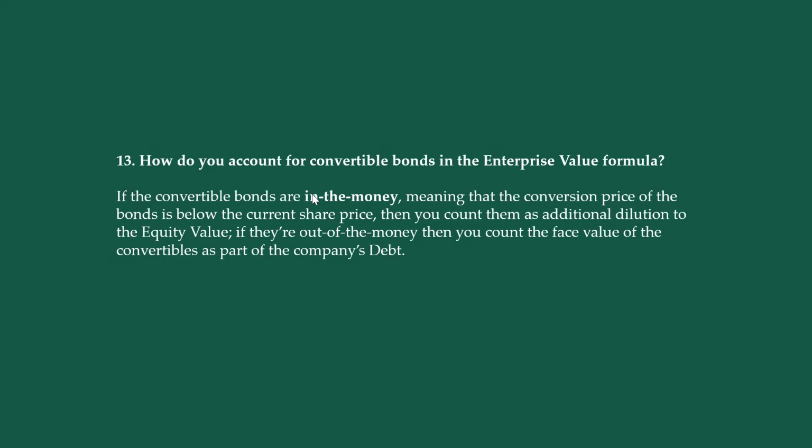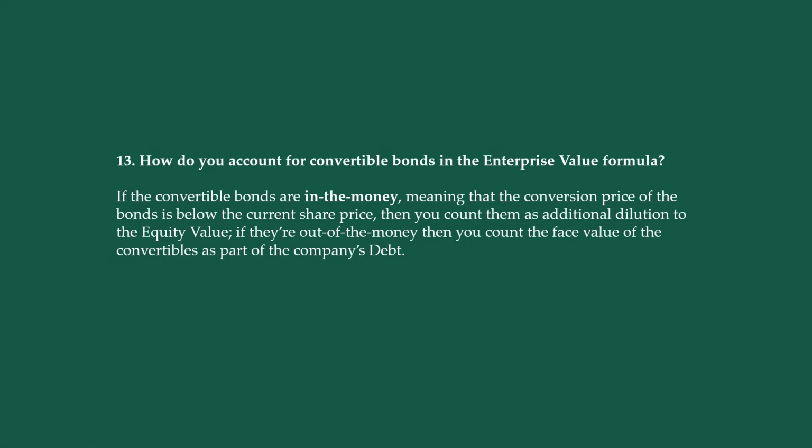In enterprise value, you adjust the equity value for dilution instead of counting the bonds as debt. So you do not include the bond as debt because it's no longer really a claim on the company. It's no longer a claim that the company owes in cash.